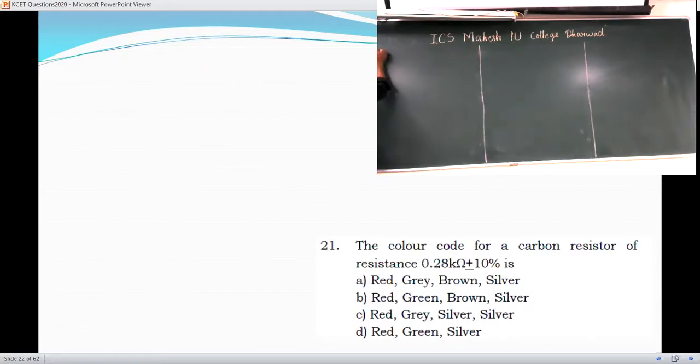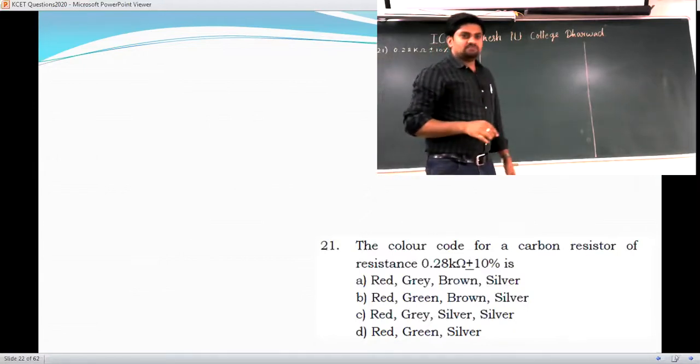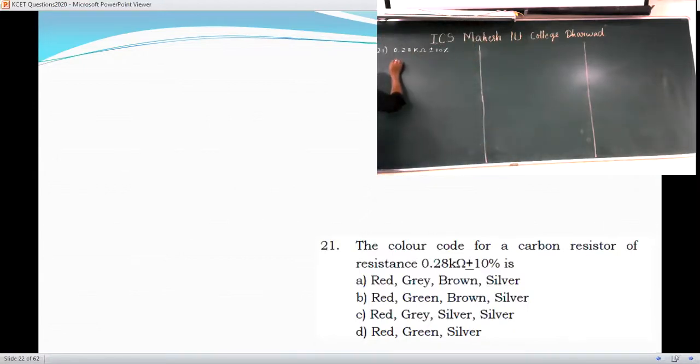I will write 0.28 as 28 into 10 raised to minus 2, and kilo ohm is 10 raised to 3, plus or minus 10%. As it is 10 raised to minus 2 and 10 raised to 3, I can write this as 280 ohm plus or minus 10%.